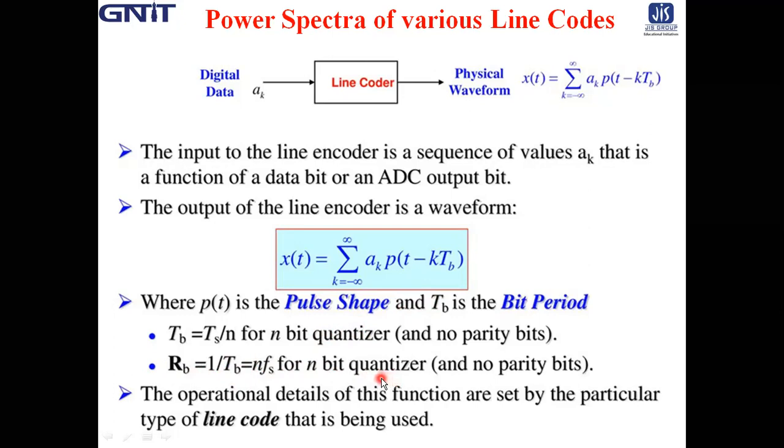Now x(t) may be considered as a random process and each coefficient a_k as a random variable.